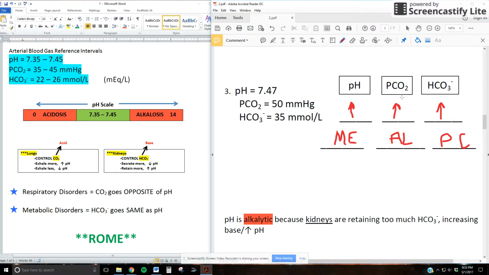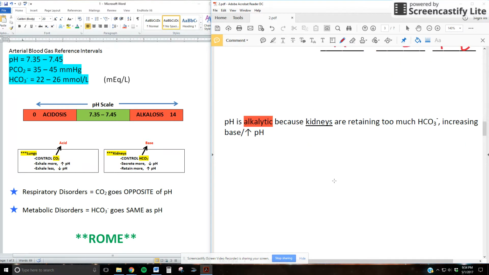And it wants to do that by exhaling less and trying to retain that acid component, to decrease the pH. So that's why this is so high. It's trying to retain more acid and compensate for this metabolic component driving the basic component up. So just think about it in these terms. Try and keep it simple. And we'll move on and practice and see a couple more of these in the next few problems.